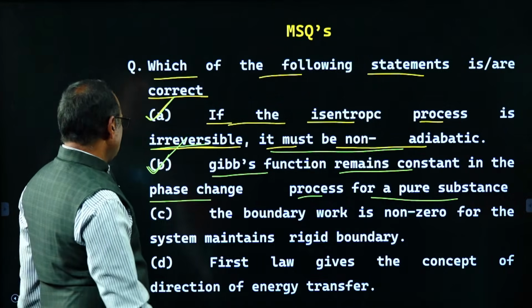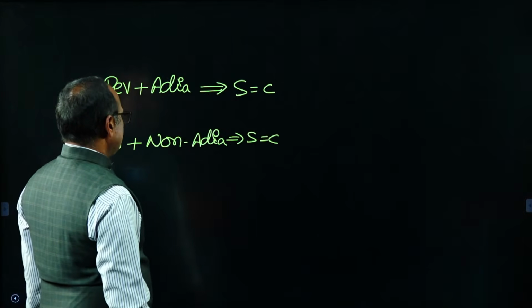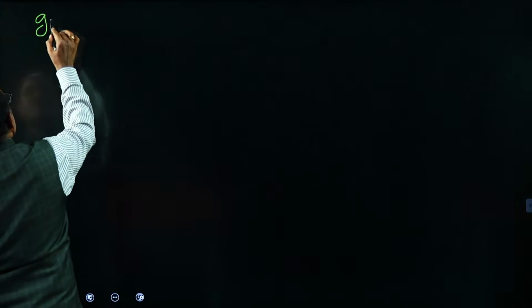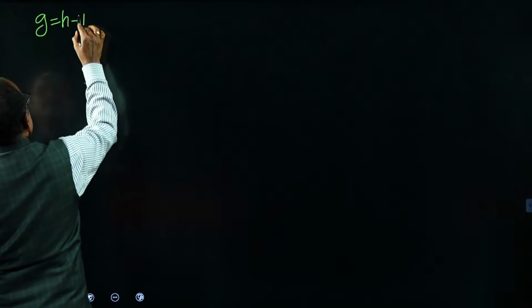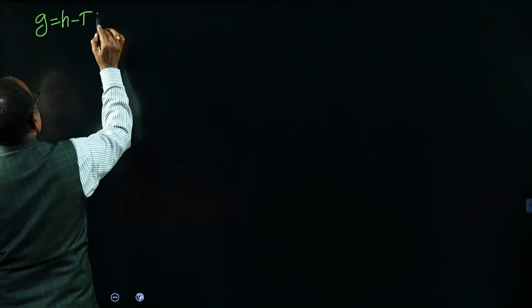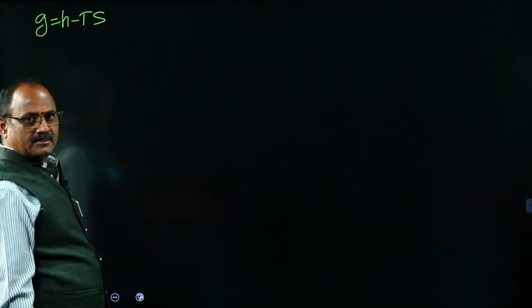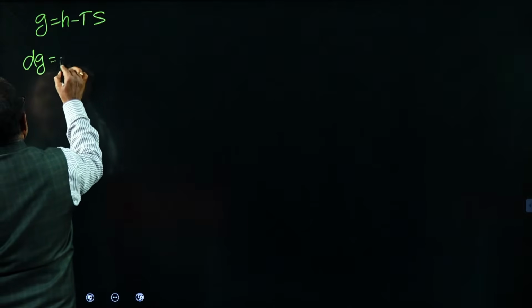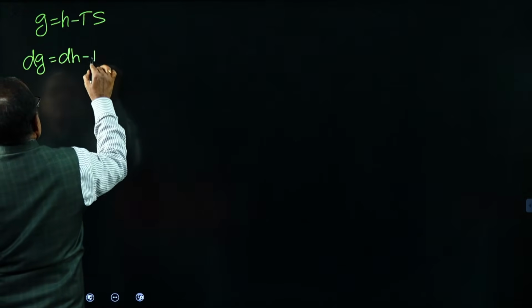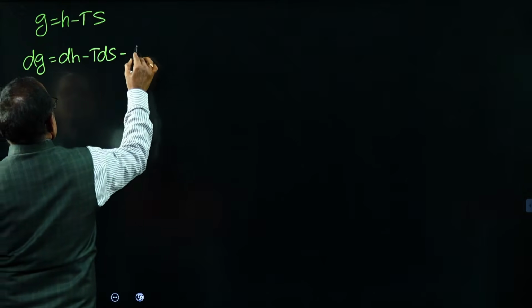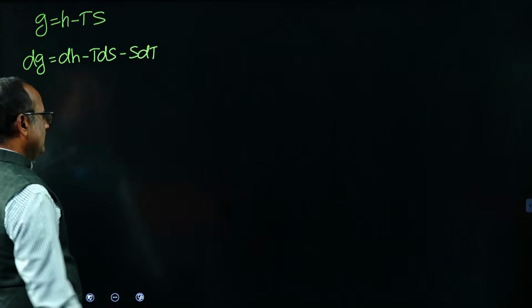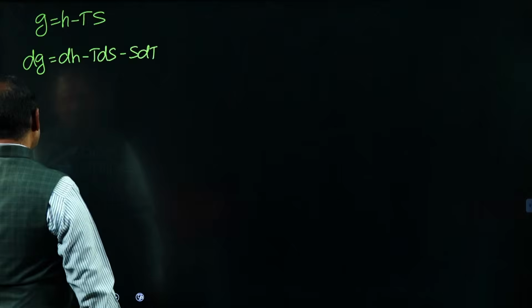Gibbs function, as you know, G equal to H minus Ts. Then dG equal to dH minus Tds minus SdT. But what is the H value?